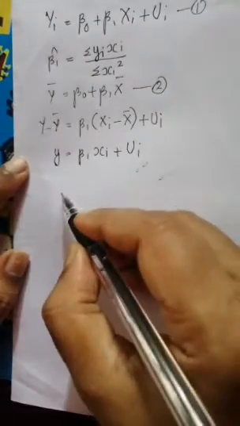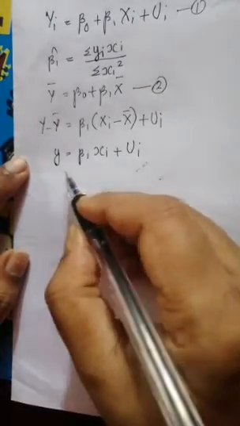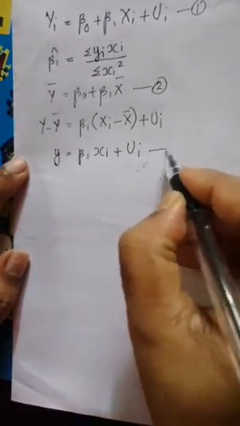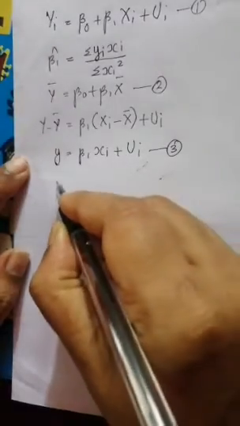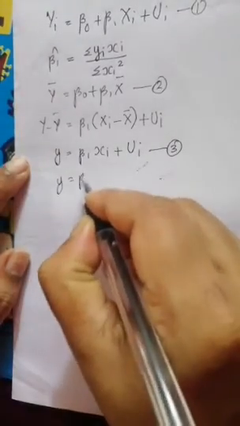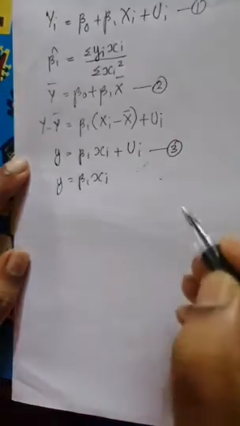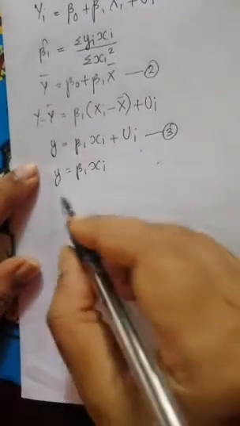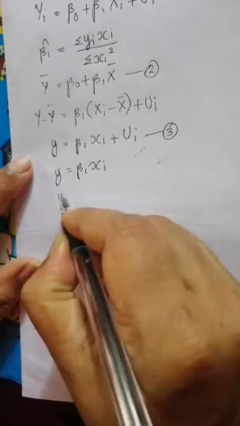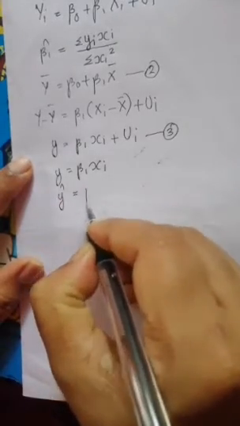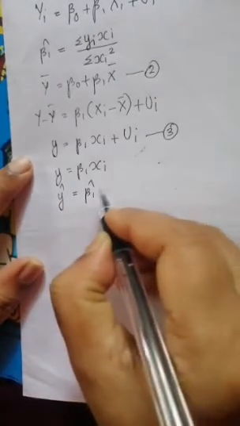Then let us find the sample form of equation 3, that is y is equal to beta 1 xi. The sample estimate of this function is y hat equal to beta 1 hat xi.